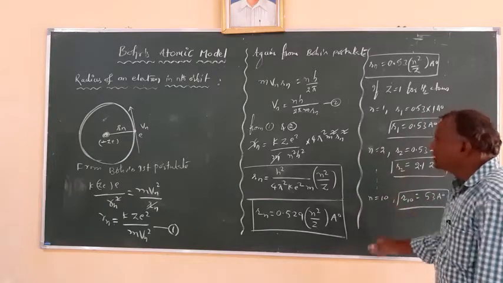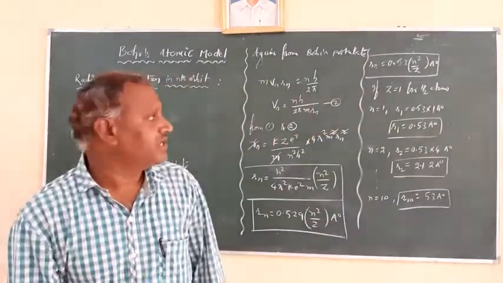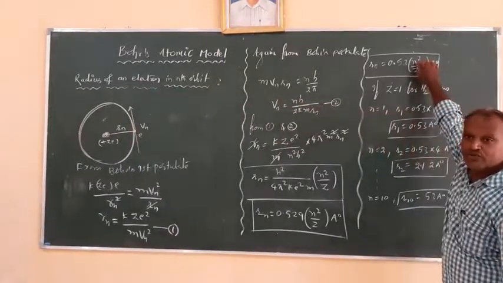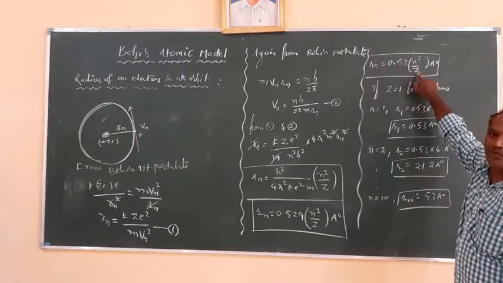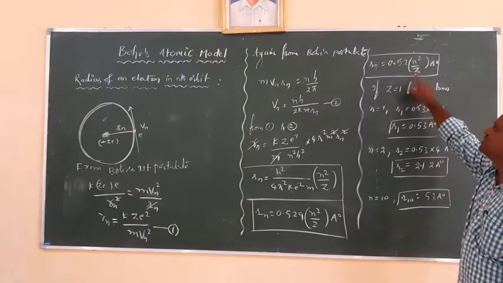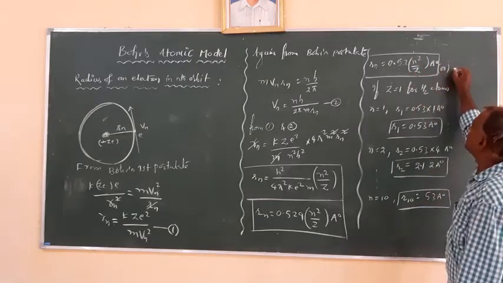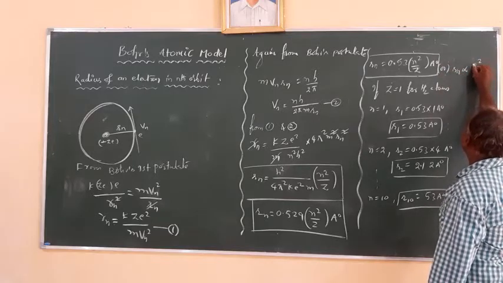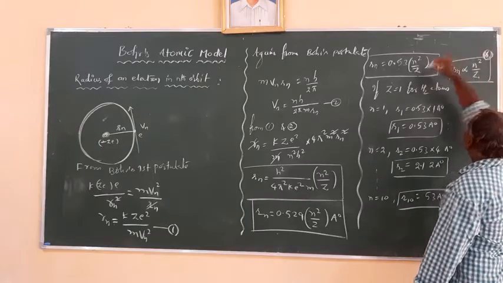So like this you can calculate the radius of an electron in any atom. That depends on where it is revolving, and on the atomic number of the particular element, hydrogen or copper or whatever it is, the Z value, and the n value. Based on that you have this information. So Rn is proportional to n square by Z. This is important, you have to remember, right?